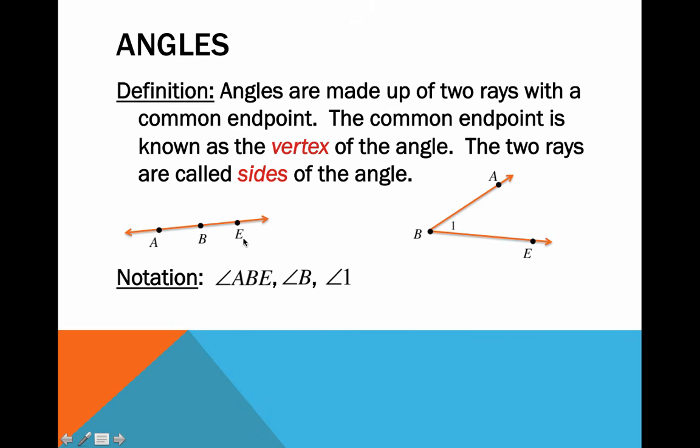However, straight lines are also considered straight angles because they do have a degree measure of 180 degrees. So we may also label this straight line as angle ABE because it is made up of 2 rays with a common endpoint. Ray BE and ray BA would be the sides of your angle, with B being the vertex of the angle.